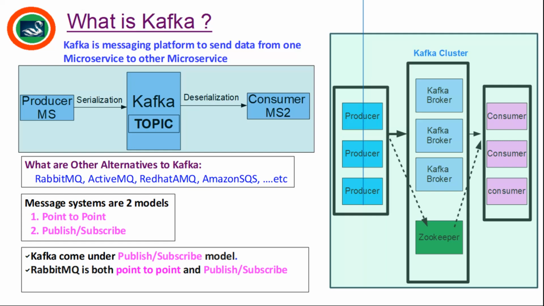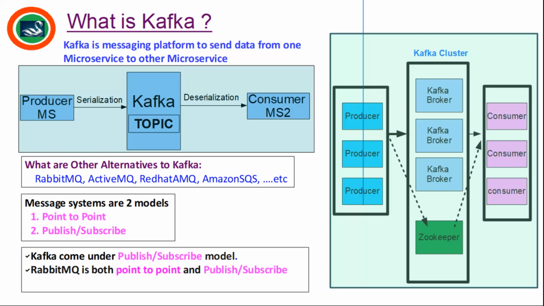In this Kafka cluster, there is more than one Kafka server to send the data in parallel. Multiple messages can be sent through the Kafka cluster, and this can be managed with a Zookeeper.